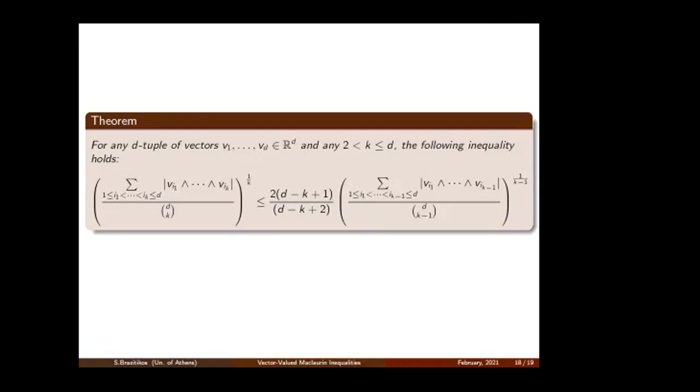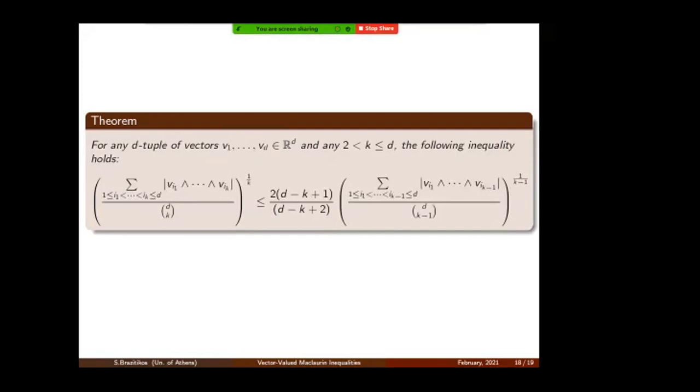As I said, the only thing that I didn't prove here is the cases where we compare this mean here with this mean here with sharp constant 1 and k equals 2, 3. The proofs are geometric ones.